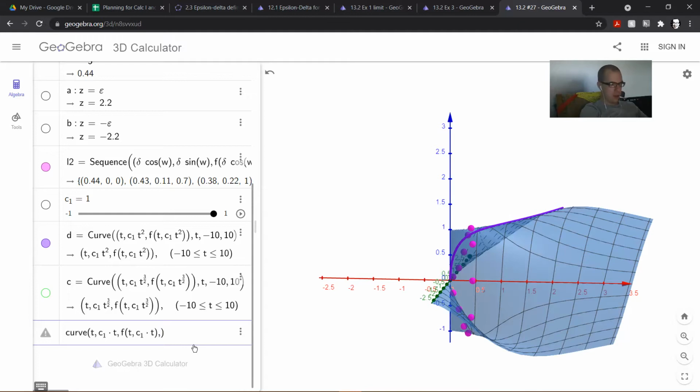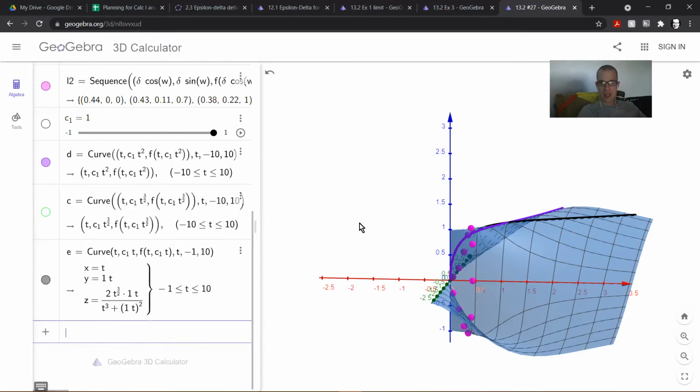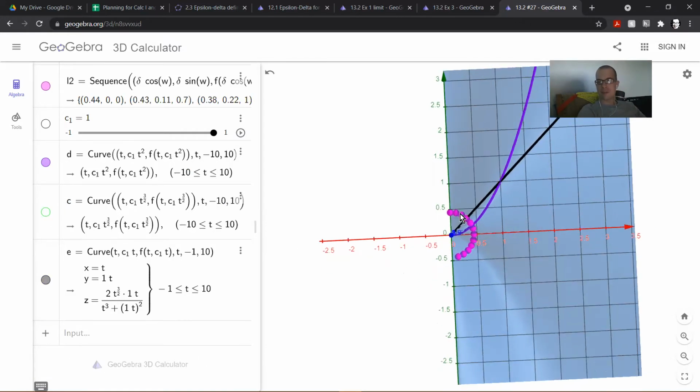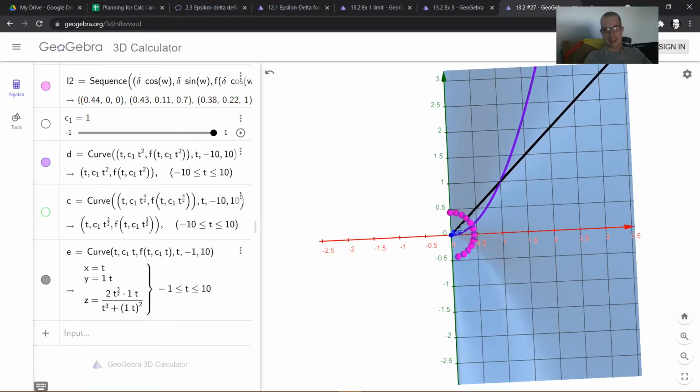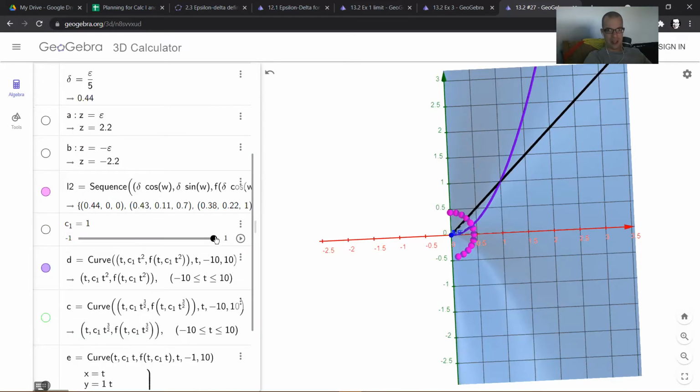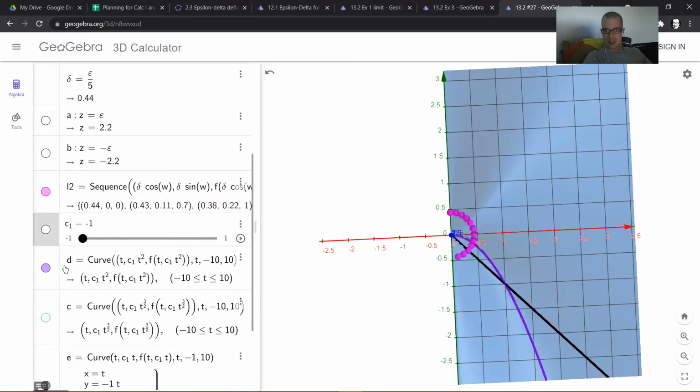And then say that our parameter is t, and we go from -10 to 10 for funsies. Boom. And now we have a line in the xy plane that we can change according to this.